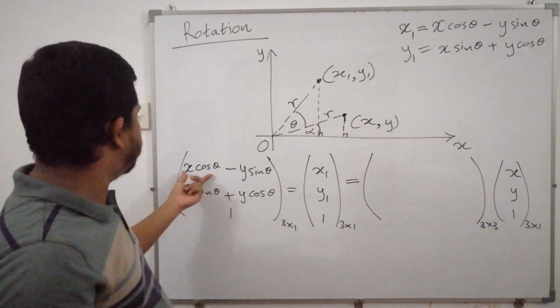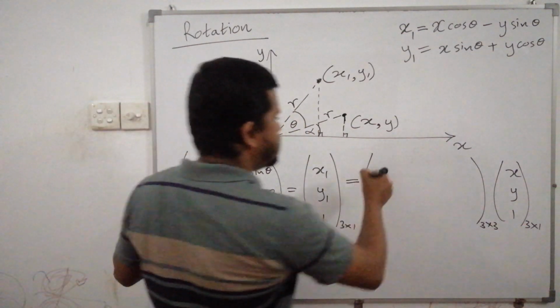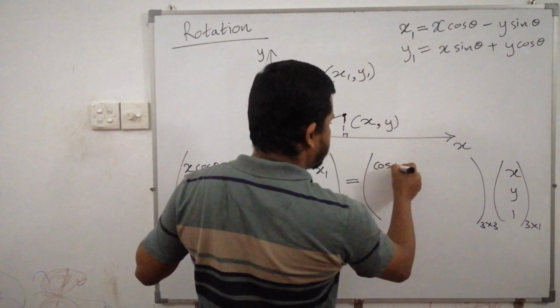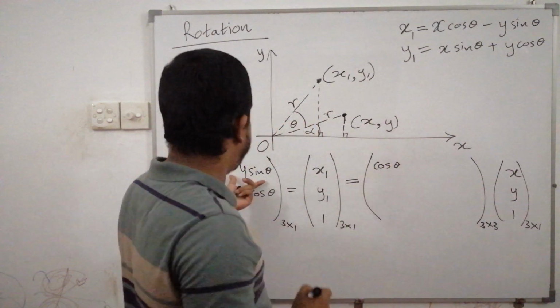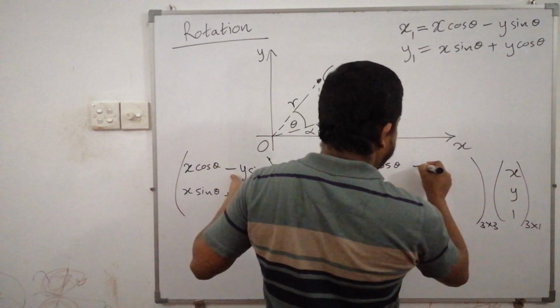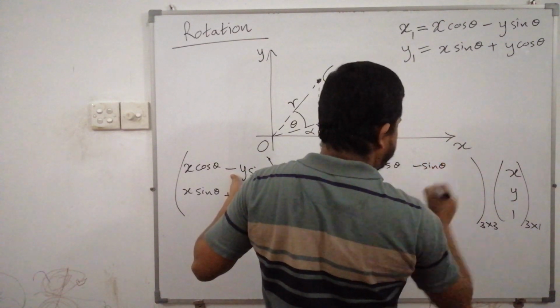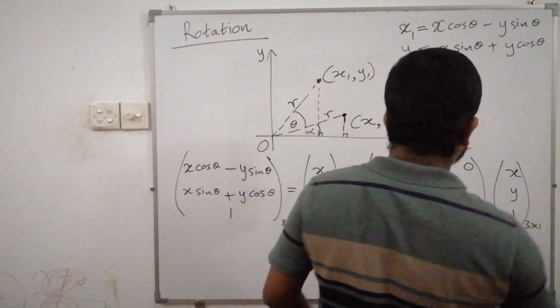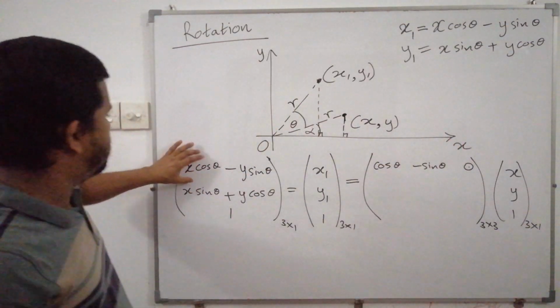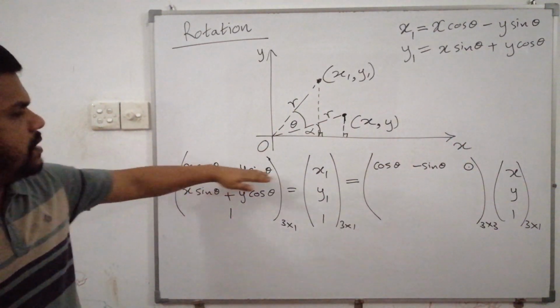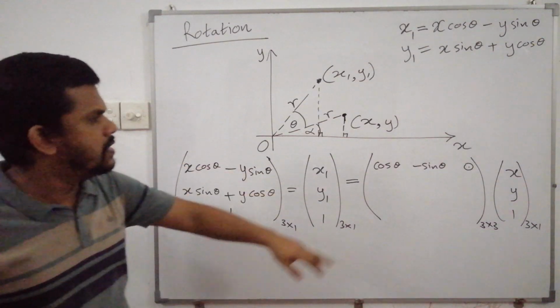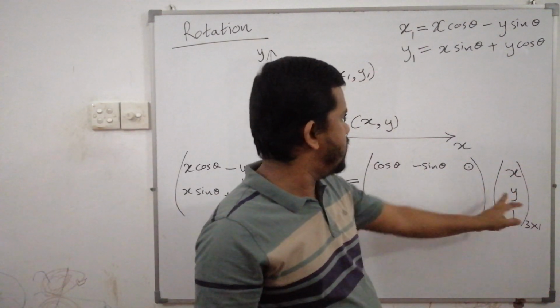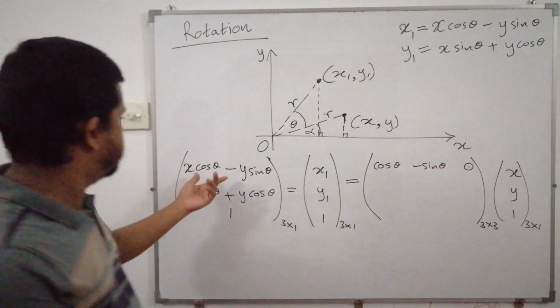Now in order to get this term x cos theta, here we put cos theta, minus y sin theta, minus sin theta, here 0. Now you can get the first element in this column, x cos theta minus y sin theta.